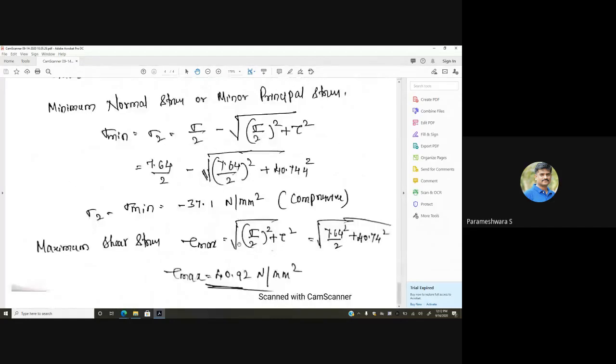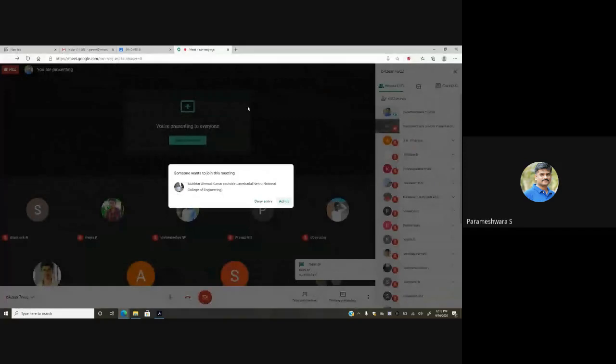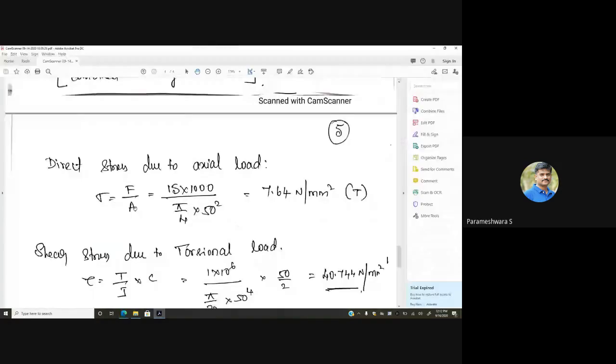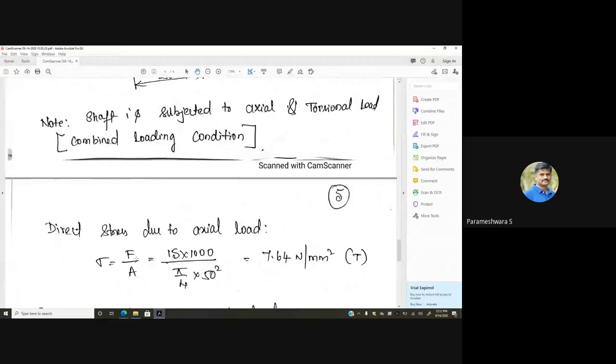Okay, so now I will calculate the direct stress, that is the normal stress. Direct stress or normal stress is given by sigma equals force by area. It is subjected to an axial force of 15 kilonewton, so sigma equals force by area.